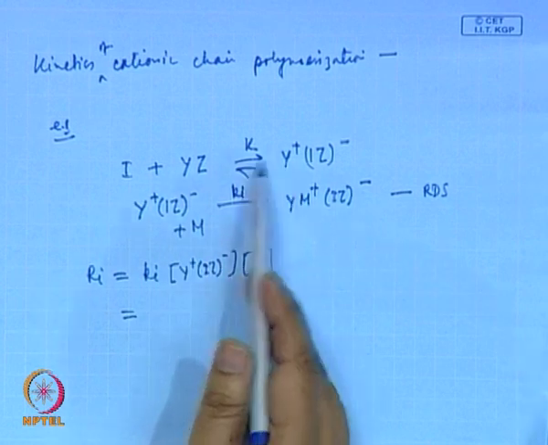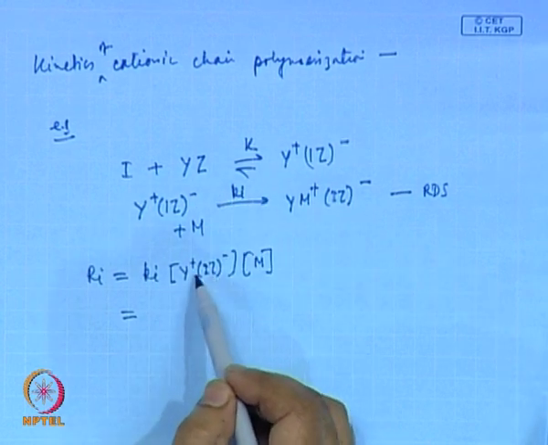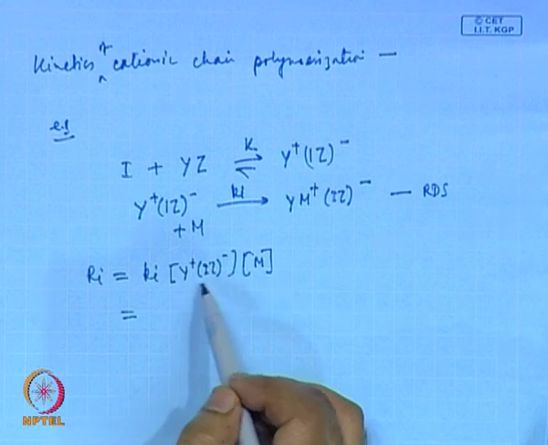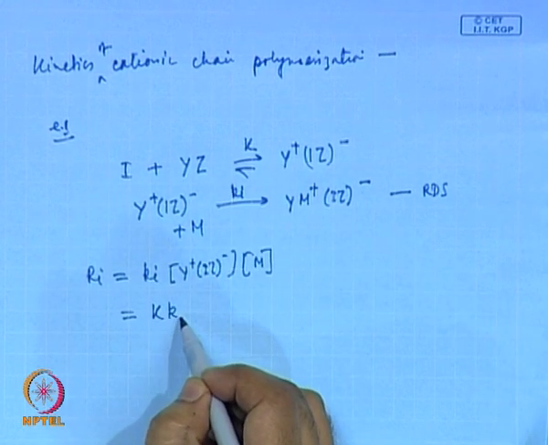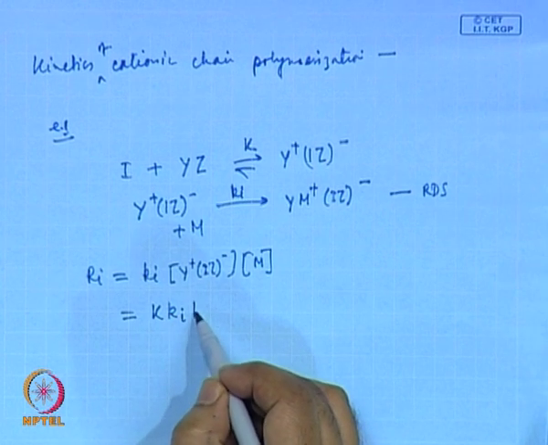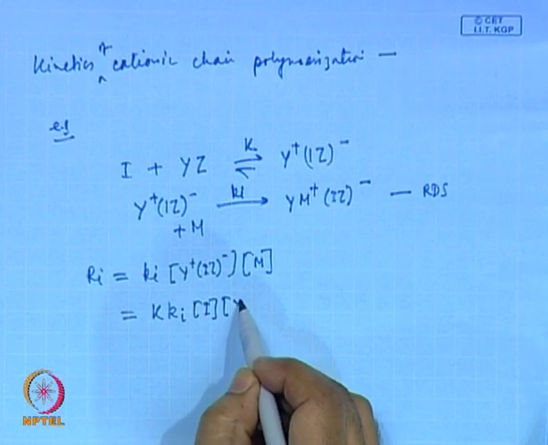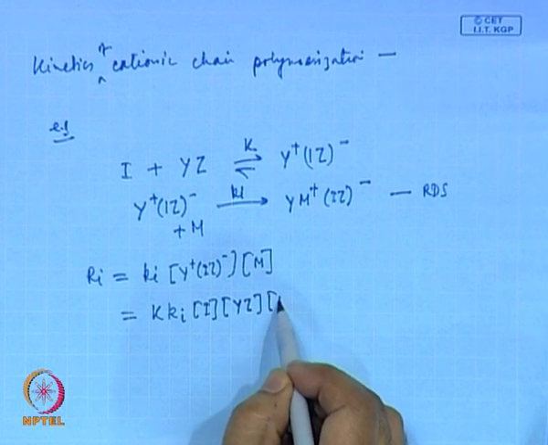Now, if you get the value for this from this equilibrium, we can write K I Y Z M.